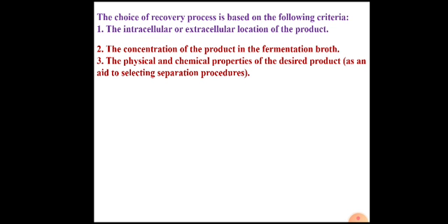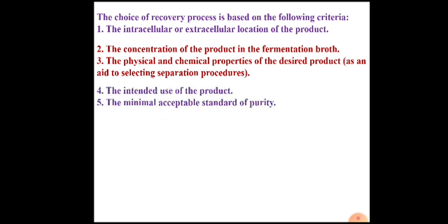This is related to the sensitivity of the recovery methods. If the concentration is very low, then very sophisticated and sensitive techniques have to be used for the recovery. Third one is the physical and chemical properties of the desirable product. These things are also important, and this will help to decide a separation procedure.